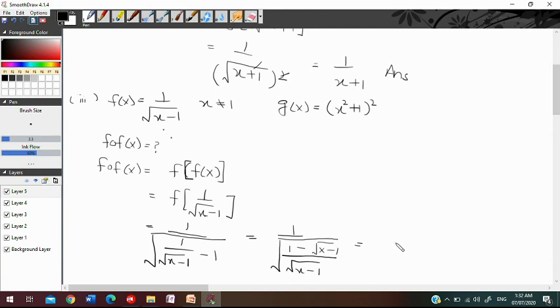You can convert it to x minus 1 under root divided by 1 minus under root x minus 1, whole under root, is the answer of your question.